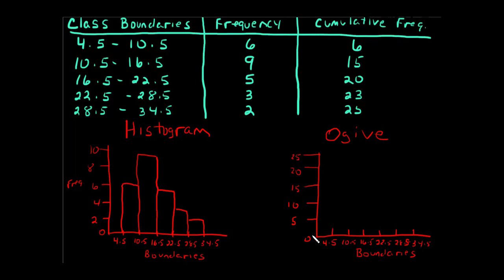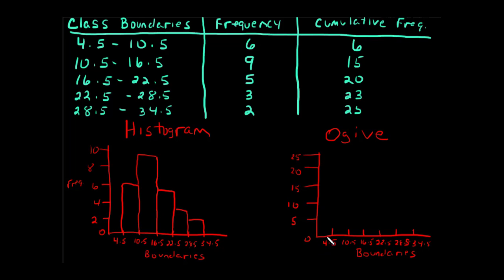Because this represents a graph of cumulative frequencies, I'm accumulating data values as I pass through each class. And when we start this, we haven't accumulated any observations. So at the class boundary of 4.5, I don't have any data values that are smaller than 4.5.